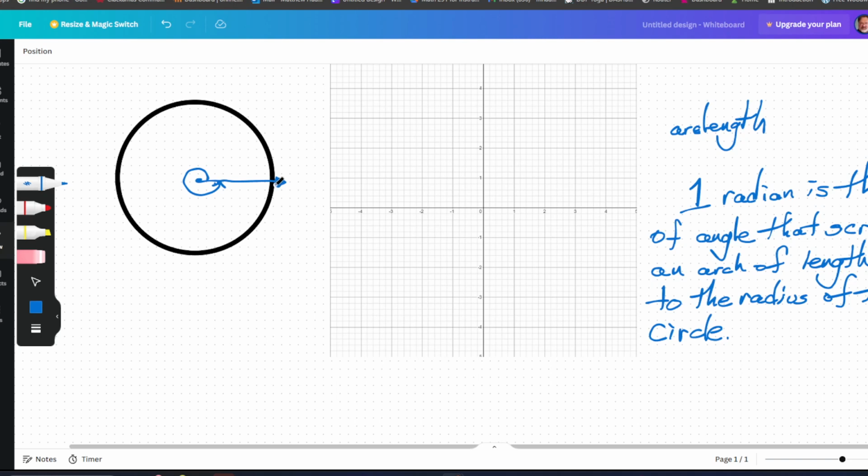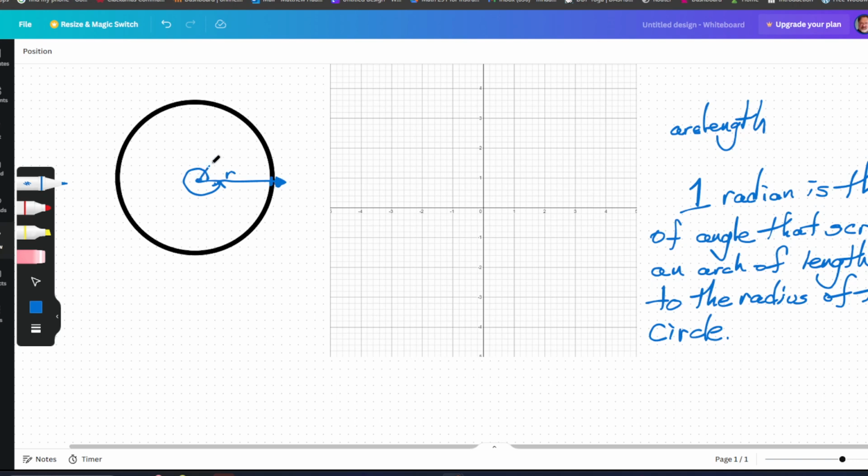Well, what do we know? We know our circle will have some radius, r, and we want to know how many radians it takes to go all the way around.